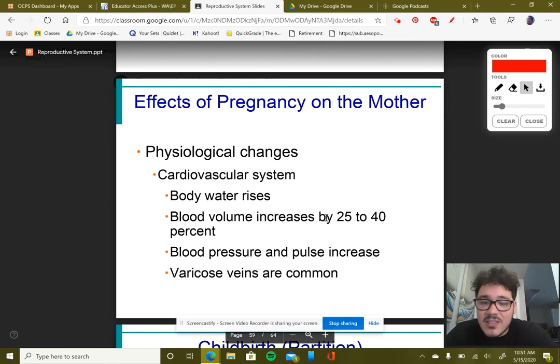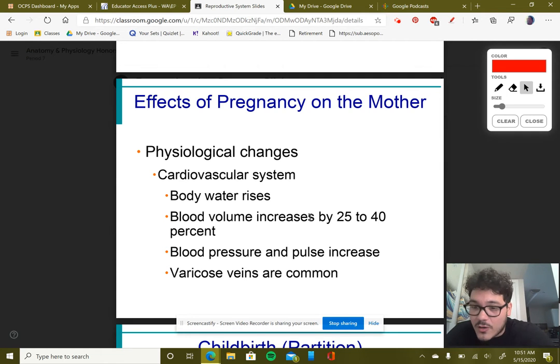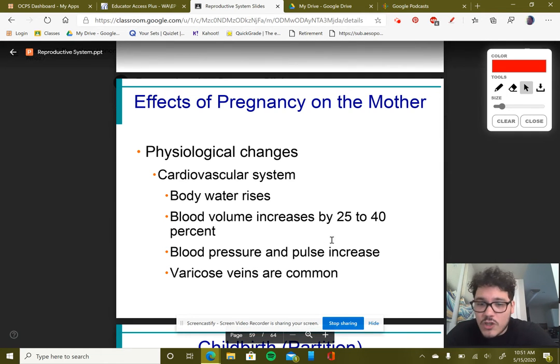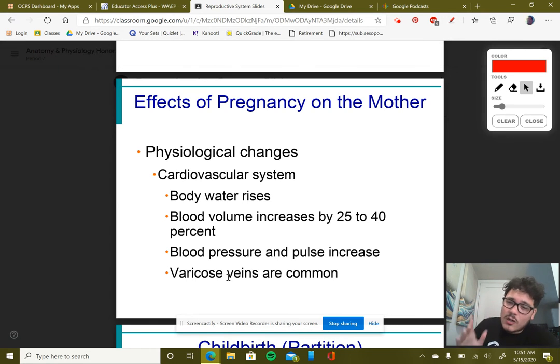Blood volume increases substantially by 25 to 40%. Again, common sense, right? You're not only still nourishing yourself, but you're nourishing new life. Blood pressure and pulse increase.